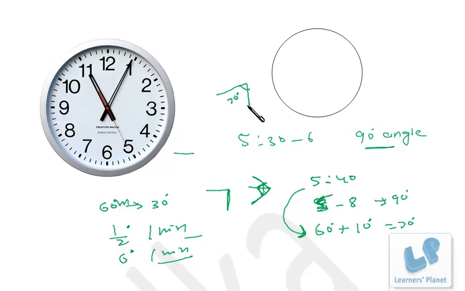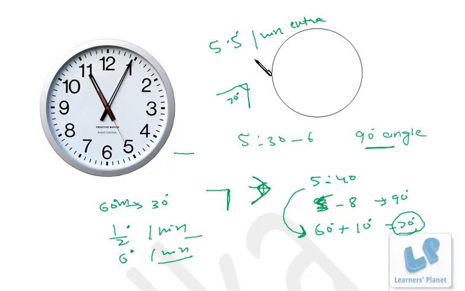So both the hands are moving, but the speeds of both the hands are different, right? The hour hand is moving at half a degree per minute and the minute hand is moving 6° per minute. That means the minute hand is moving 5.5° per minute extra. Now how much extra do we want? 20°. 70° we already have at 5:40, but we want 20° extra, so the angle between them is 90°.